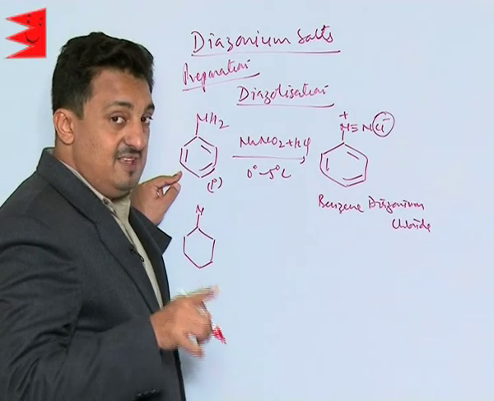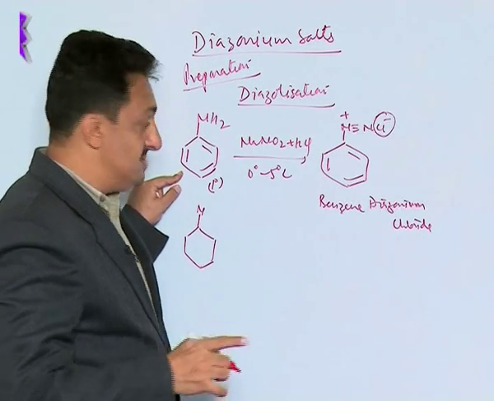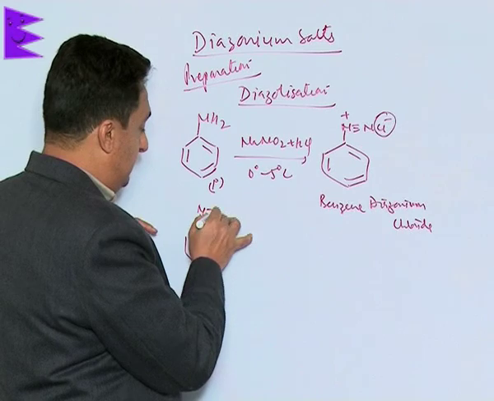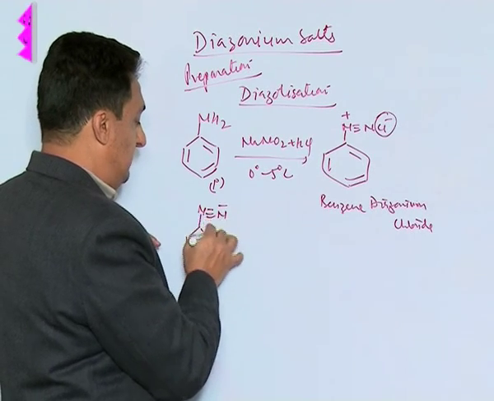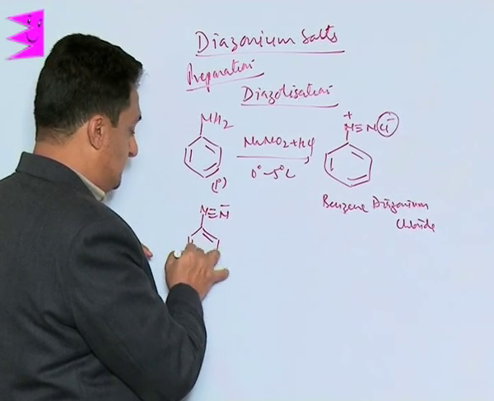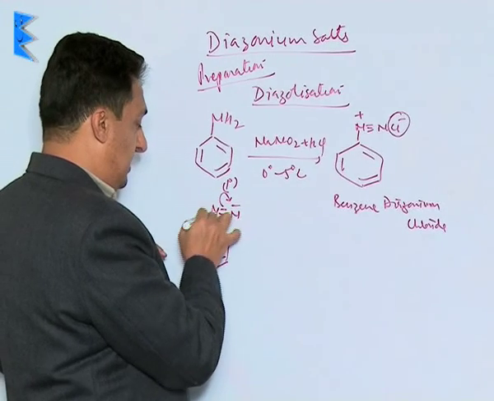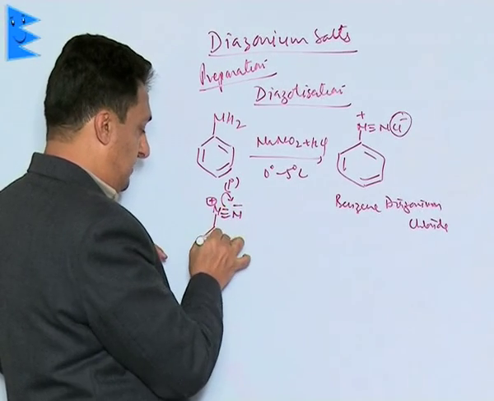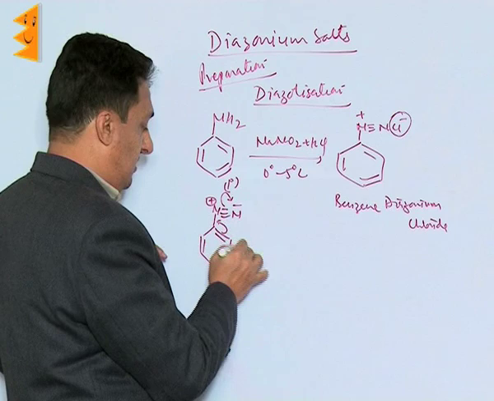So, what makes these arene diazonium salts stable is these resonating structures. We have this arene diazonium. A shift here, this is already positive, will make this one move here.